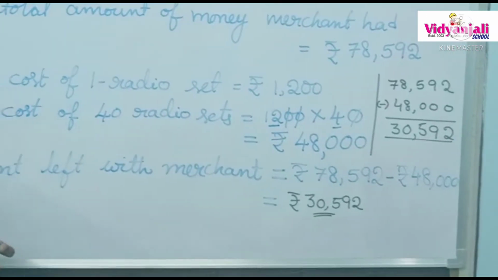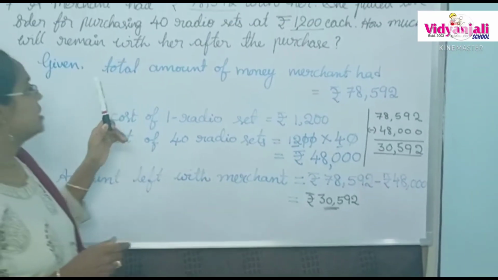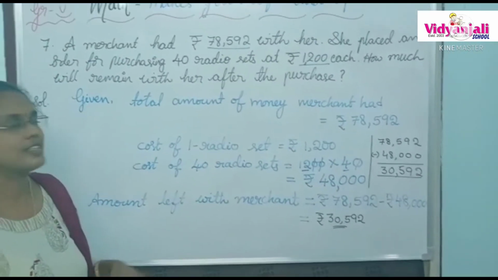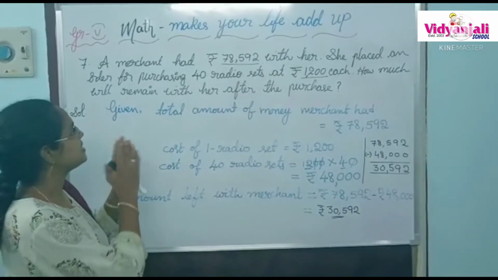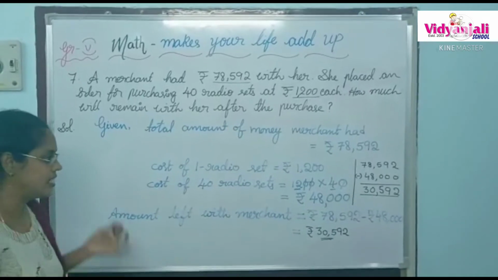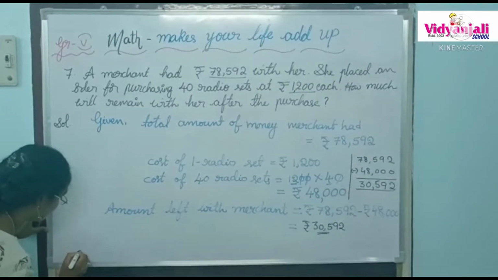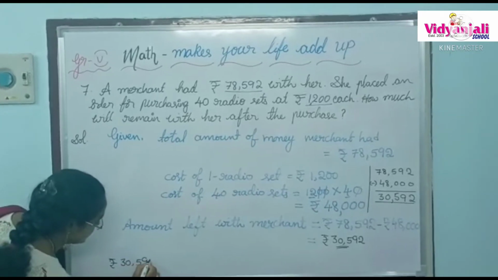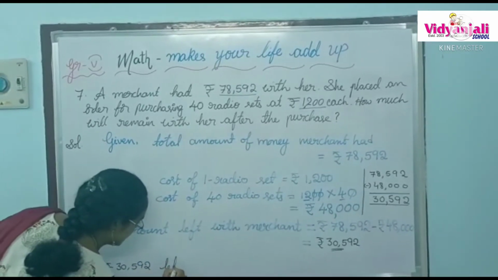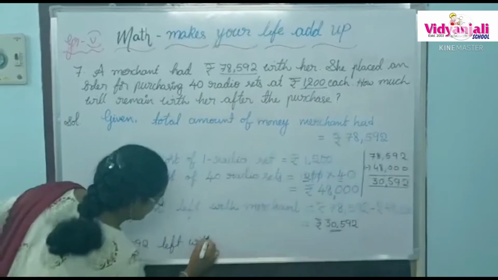From this we can conclude that after purchasing 40 radio sets, 30,592 rupees will be left with the merchant. Therefore, 30,592 rupees are left with the merchant.